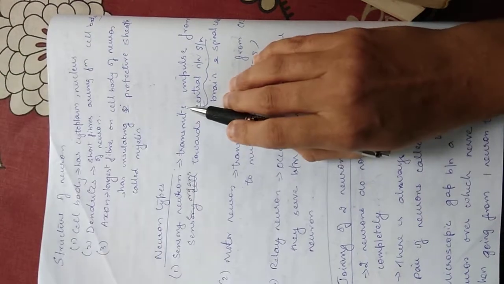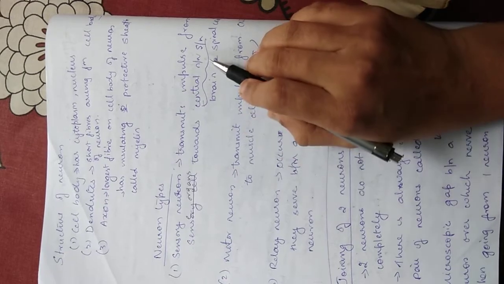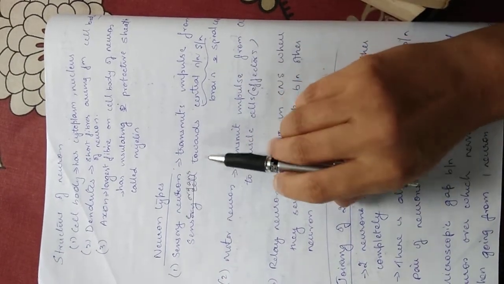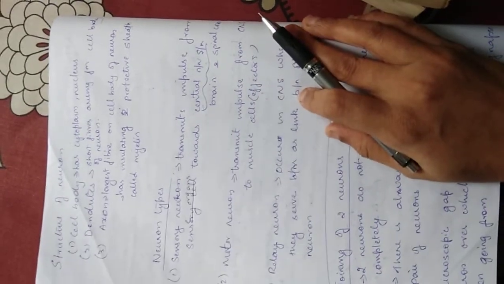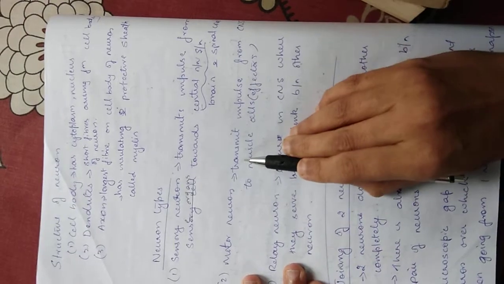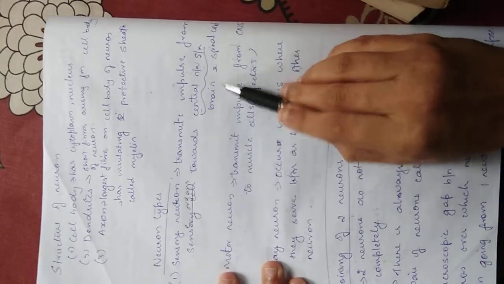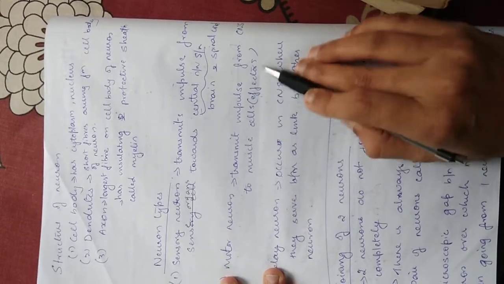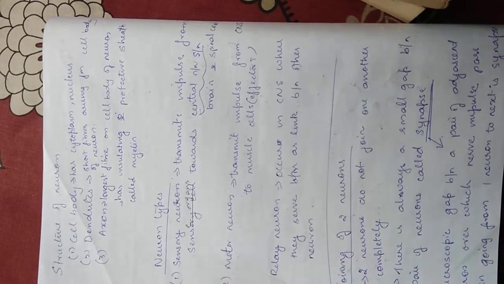Those neurons which transmit messages from the sense organs to the central nervous system are known as sensory neurons. But then what are motor neurons? Motor neurons are those neurons which transmit impulses from the central nervous system, that is brain or spinal cord, to the muscle cells. Muscle cells means effectors. We already discussed this earlier.